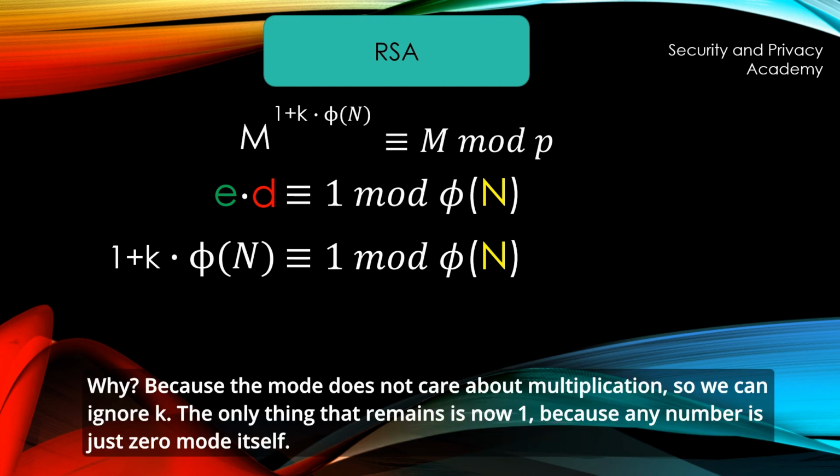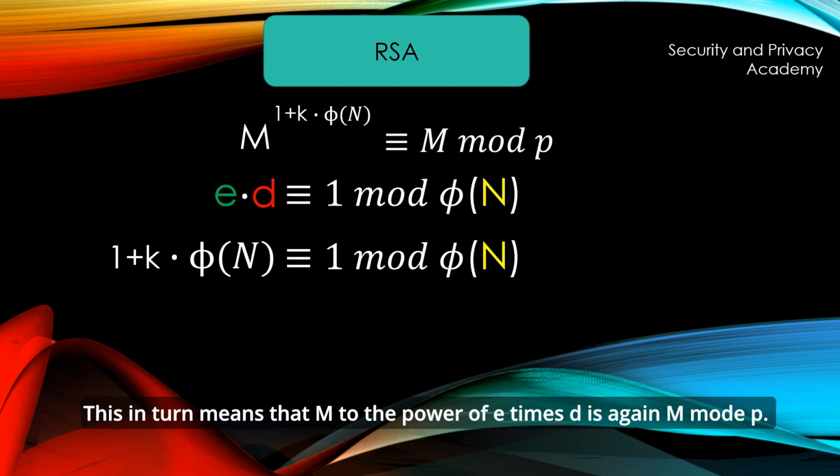Why? Because the mod does not care about multiplication, so we can ignore k. The only thing that remains is now 1, because any number is just 0 mod itself. This in turn means that m to the power of e times d is again m mod p.